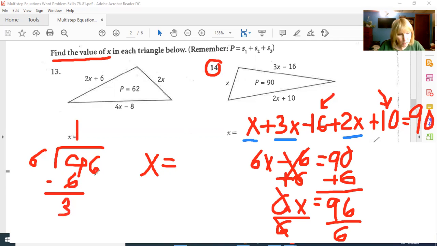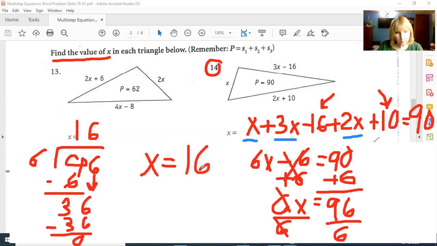I bring down my 6. And I say how many 6's go into 36? Well, 6 of them. And then 6 times 6 is 36. And my remainder will be 0. So if I didn't know off the top of my head how many 6's go into 96, I could do my long division. So x then would equal 16.